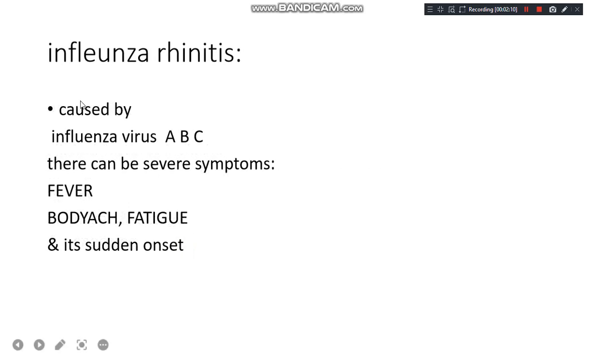Then we have the subclassification of influenza rhinitis. It is caused by influenza virus A, B, and C. In this case there will be severe symptoms like severe fever, severe body ache, and severe fatigue.